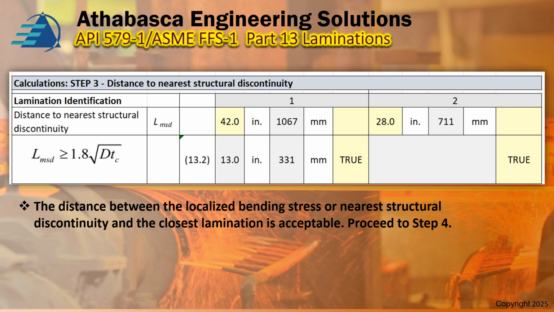So we have 42 inches, which is greater than 13 inches. So we are true. So the distance between a localized bending stress or the nearest structural discontinuity and the closest lamination is acceptable. So we can continue our evaluation of level 1.